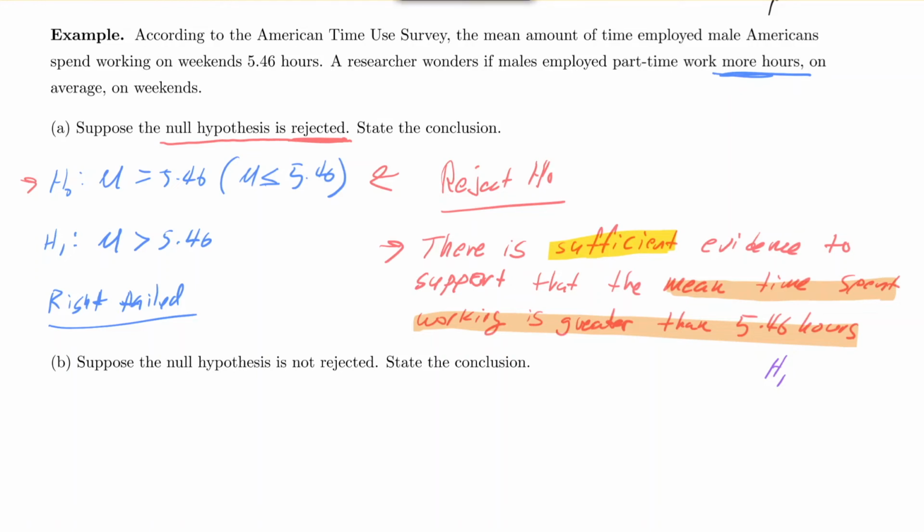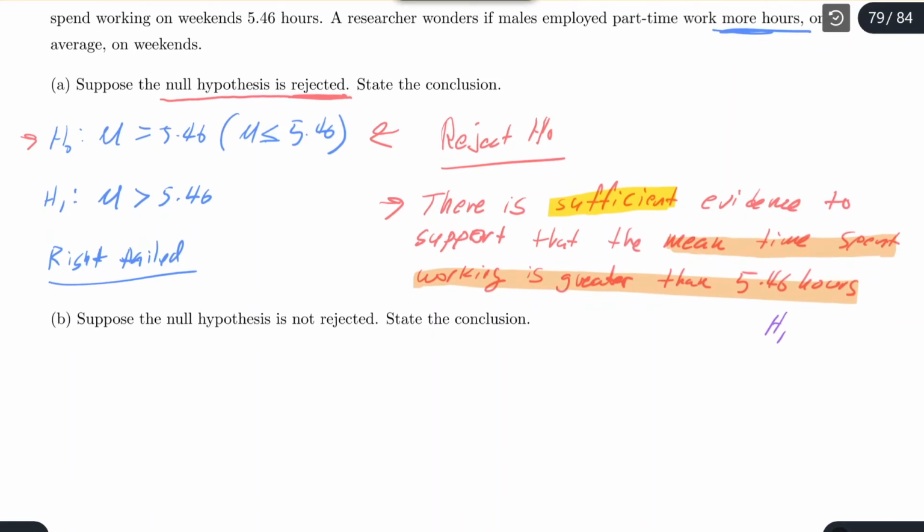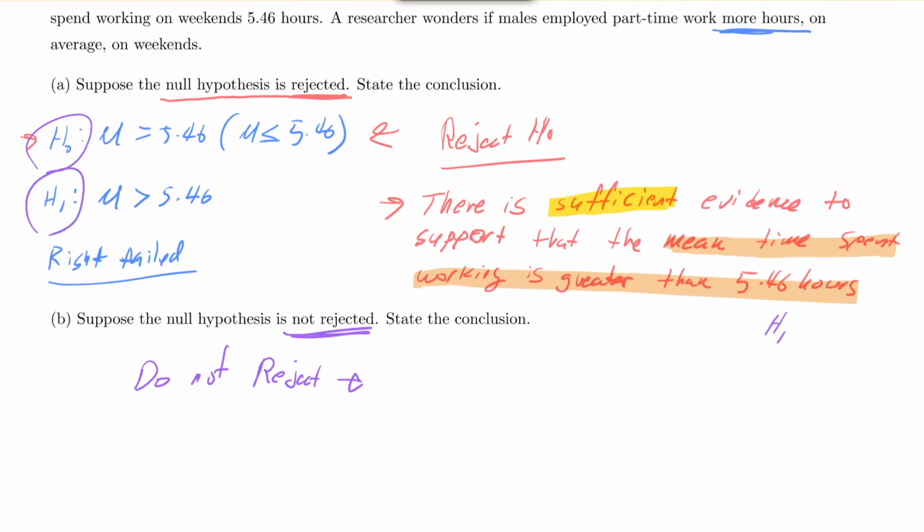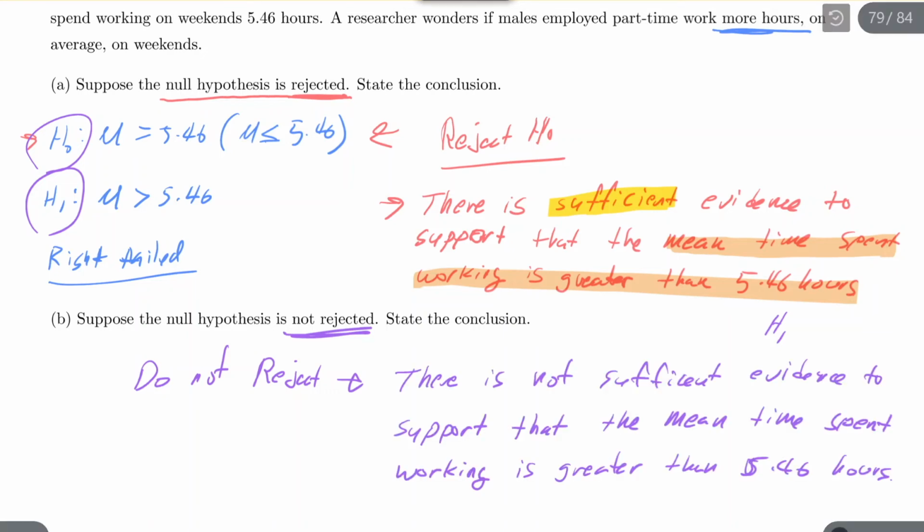So let me demonstrate in part B. In part B, it says not rejected, do not reject, or fail to reject. That means between H naught and H1, we don't reject H naught. That means there is not sufficient evidence to support that the mean time spent working is greater than 5.46 hours.